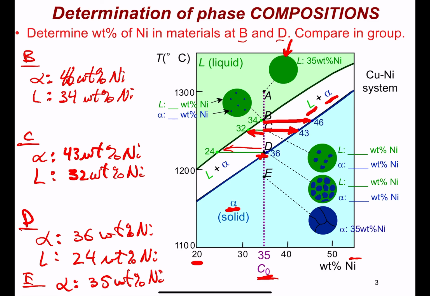So notice that as we've gone from point D to point E, we've lost all of the green, and we've now coalesced blue sections into a polycrystalline solid where there is no green liquid phase, and a number of grains. In this zoom up in our cartoon, we're seeing 4 grains here at point E.